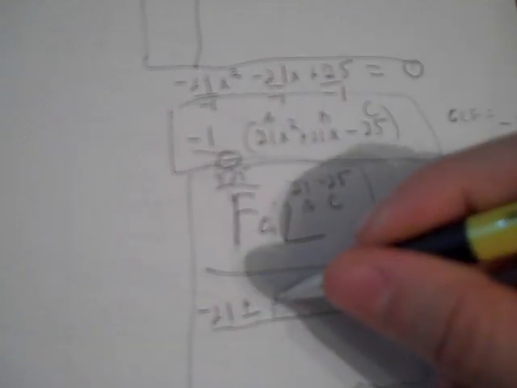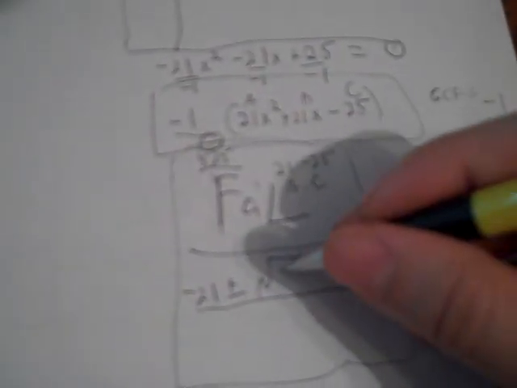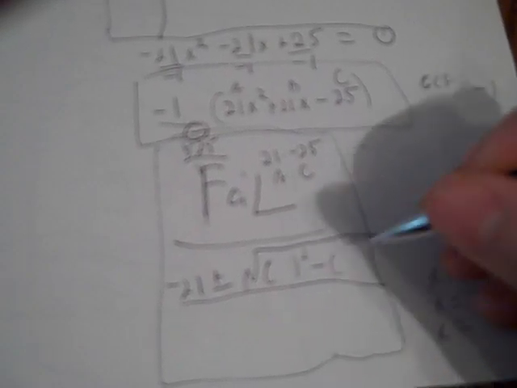So the opposite of the B is negative 21, plus or minus the square root of parentheses to the second, minus 4 parentheses in a row. So B is 21, A is 21, and C is negative 25. And then in the denominator, you have the product of the 2 and the A. So I have negative 21. Plug that square root into your calculator.